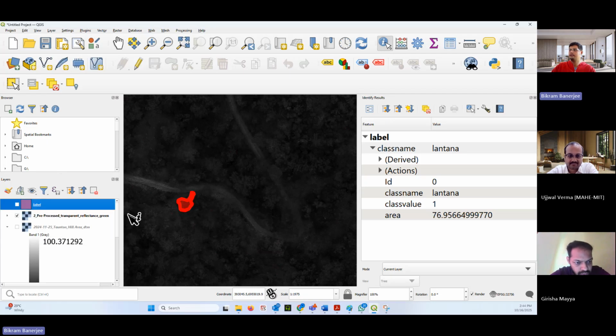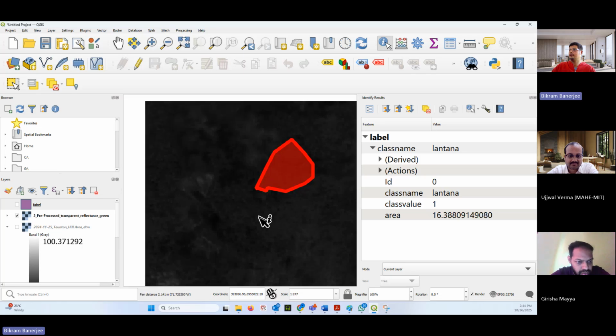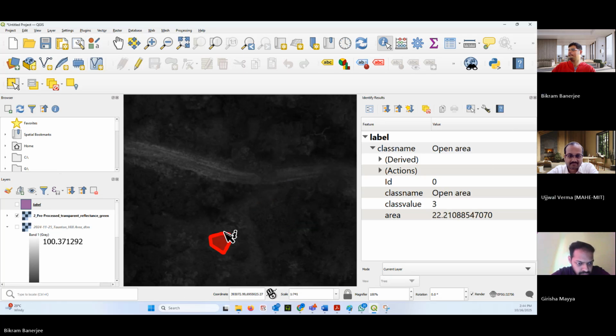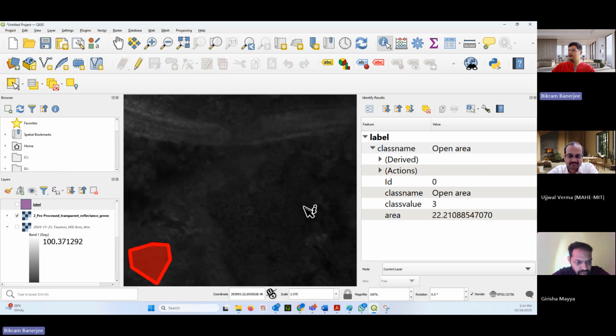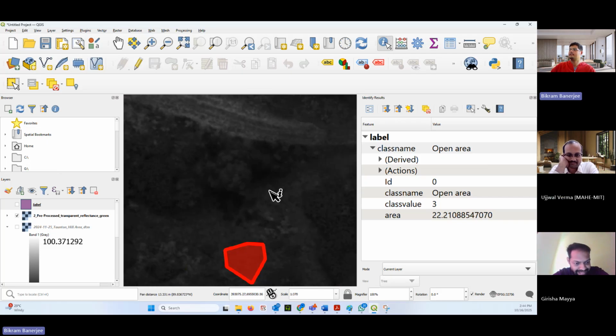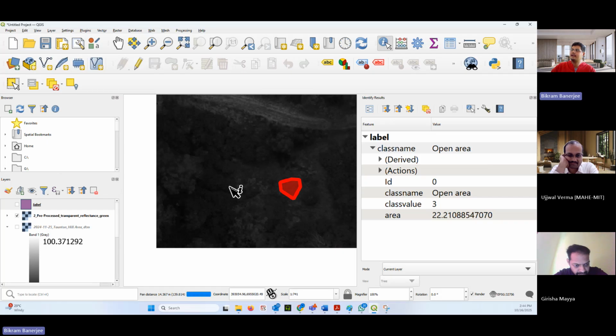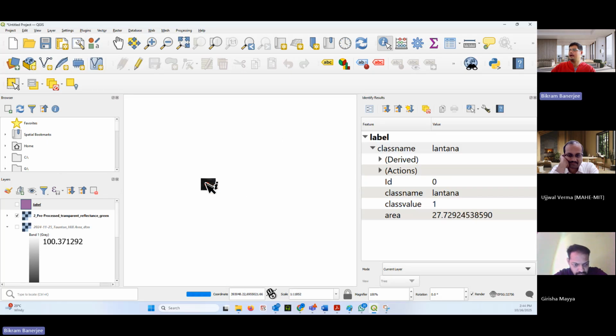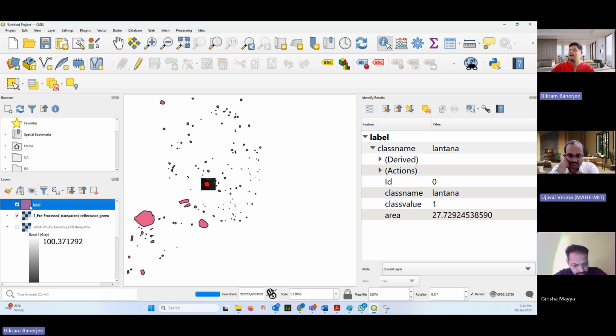If I turn this off and look at this region, it is currently looking like a gray continuous mesh, but it's a very deep green mesh kind of area here. And similarly, these are all lantanas around. So we have randomly annotated all the lantanas and tree pears.